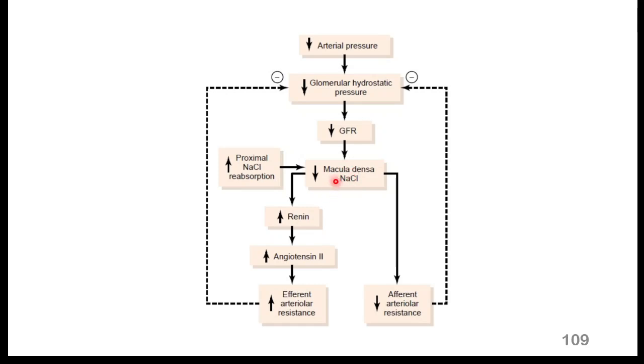Right, which means that the sodium chloride in the filtrate that gets to the macula densa will be reduced. All right, so the macula densa will now initiate several things that would lead to an increase in renal blood flow.